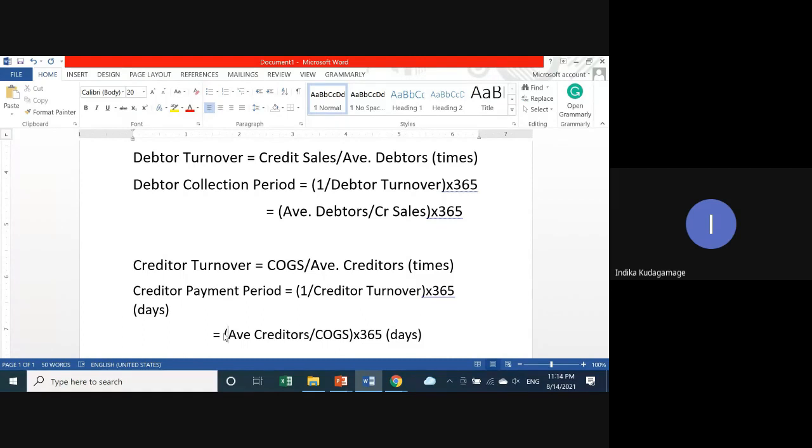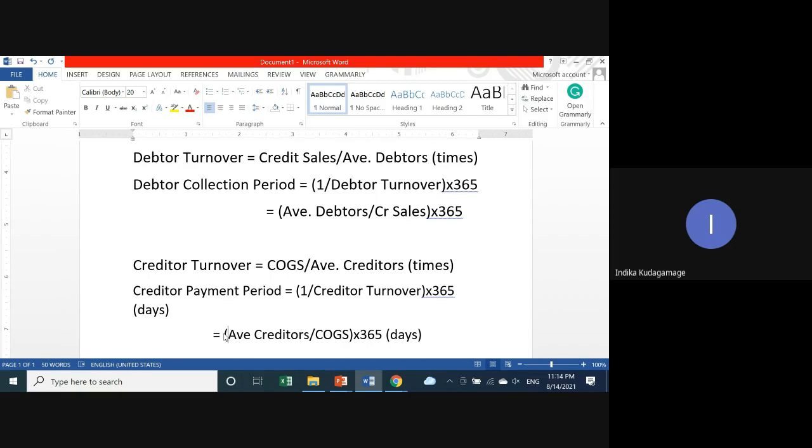But if it is unreasonably high on number of days, unreasonably small on creditor turnover, that means I pay only twice a year. I pay only 3 times a year. Then it is unusual, right? 4 months, right?